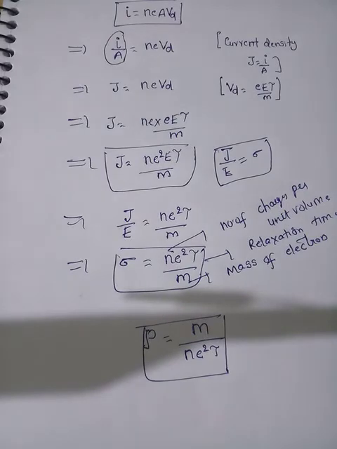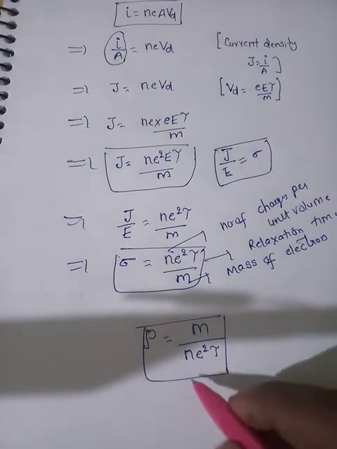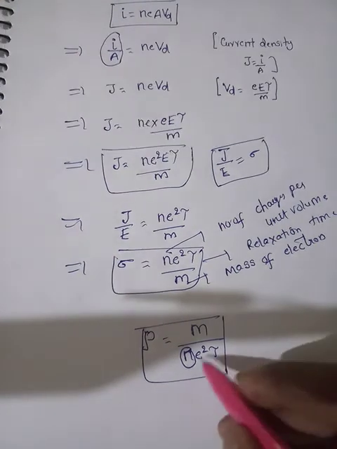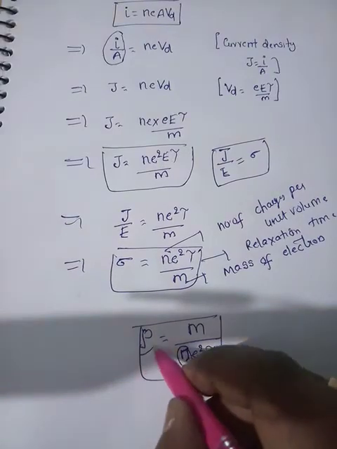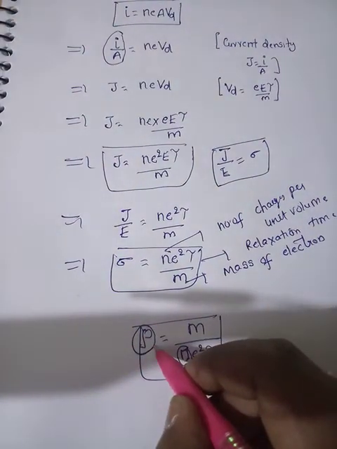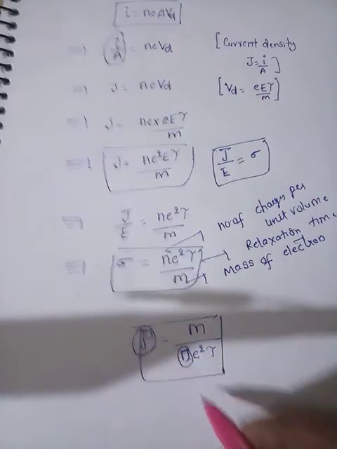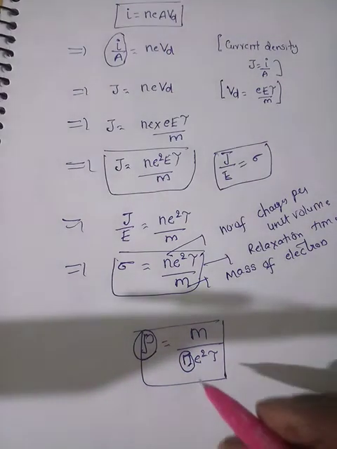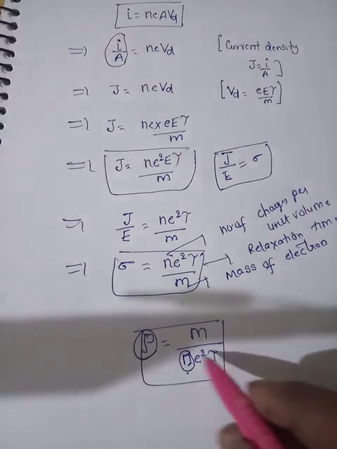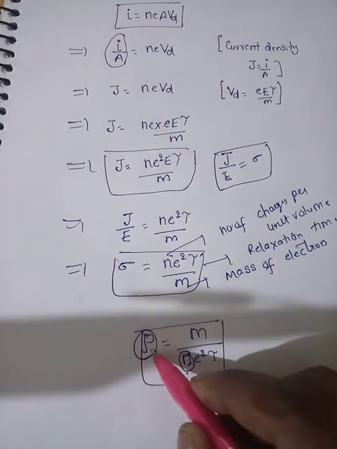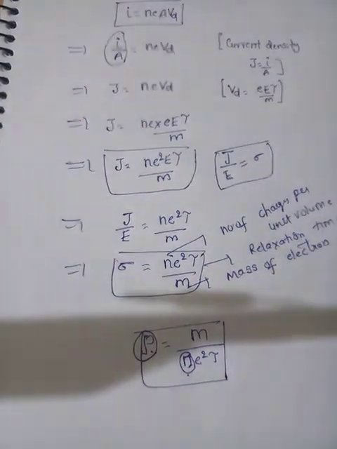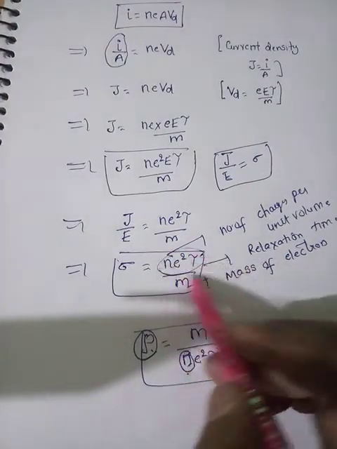Now we can say that for conductors the number of charge carriers will be less or more? More, right? So the number of charge carriers will be more, so resistivity is less. Is it right? Understood? So we can say clearly that for conductors, if n is more, resistivity is less. For insulators and semiconductors, the charge carriers are very few, so resistivity will be more and conductivity will be less.